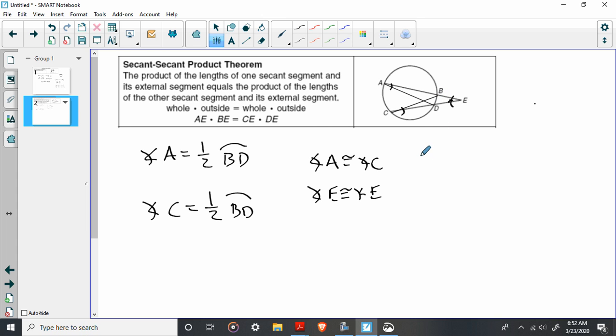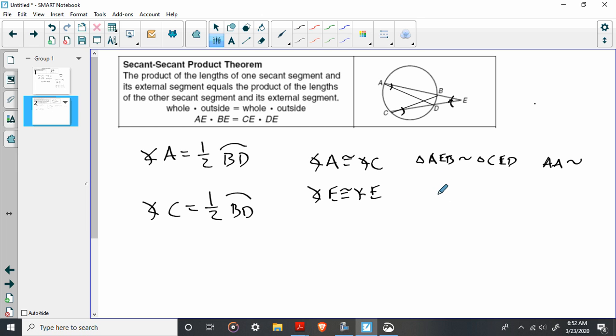So we know that triangle AEB is similar to triangle CED, by angle similarity.